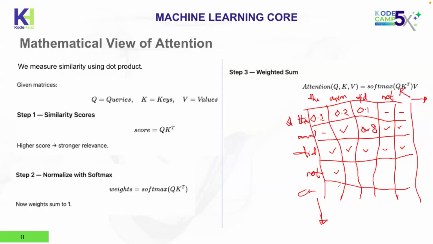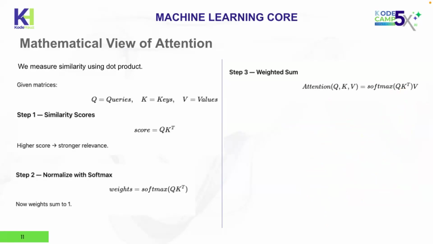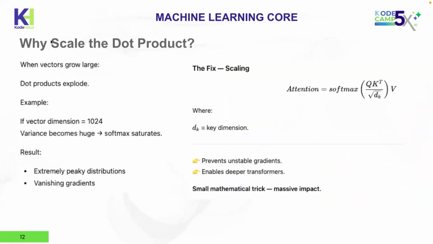But in actual usage in transformers, these are not actually the words as they are. They are vectors too. But for the sake of explanation, we can use the words. So that's what we mean when we say the attention matrix.